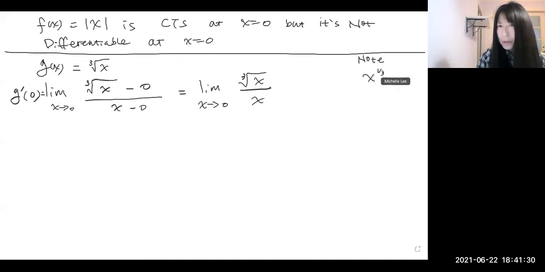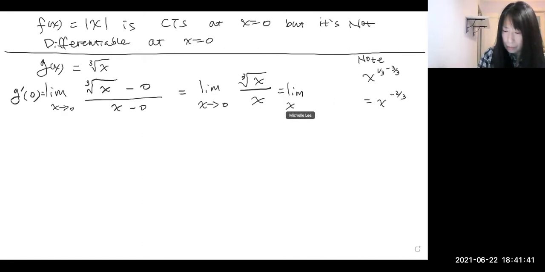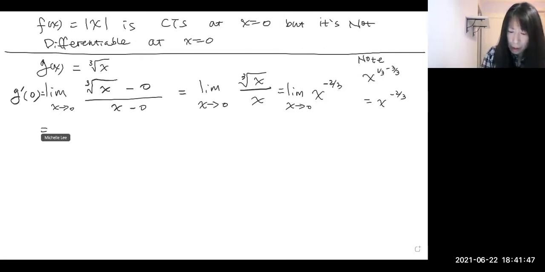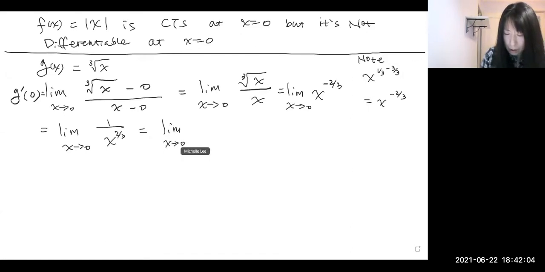With a denominator of 1, which is 3 over 3, right? And that is x to the negative 2/3. That is the same as 1 over x to the 2/3, or you can just say cube root of x squared. It doesn't matter.